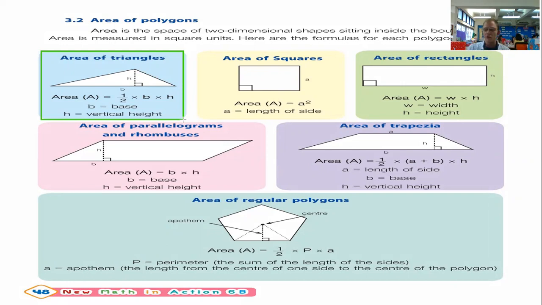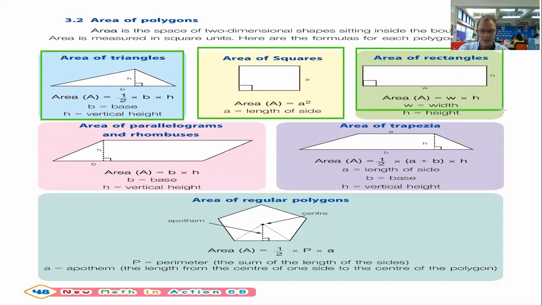Okay, very straightforward. We just have to add in the numbers and follow the formula. The next one is a square. Now a square is very simple because all sides are the same length. So for the area of a square, we use the formula A squared, or we can use A multiplied by A.